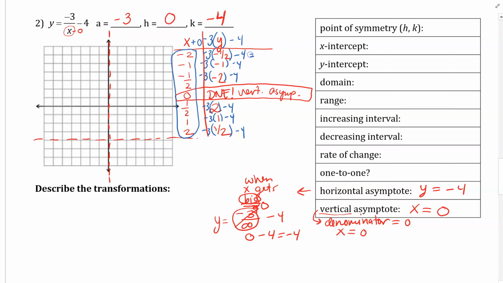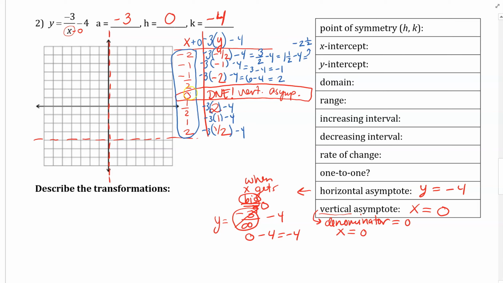So here, this becomes 3 over 2 minus 4, which is 1.5 minus 4, which is -2.5. And here, this becomes positive 3 minus 4, which is -1. Here, I get positive 6 minus 4, which is 2. And that's 1/2 of the graph.